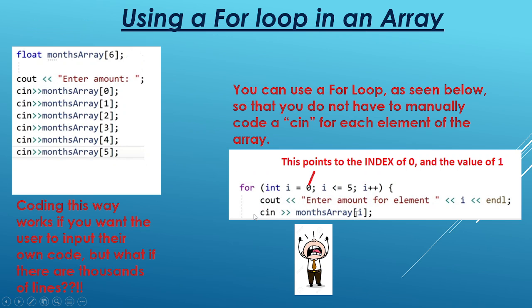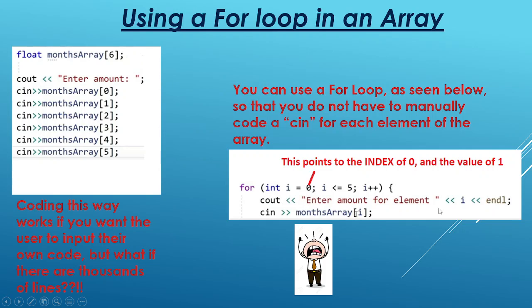So let's take a look at what comes next. Okay, now this is just as bad as we were in the beginning, right? That's a lot of coding to do. So this can be put into a for loop, which will, this will become this. So basically, what happens here, when i is less than 6, we're going to start out with i equals 0, and this is pointing to the index of 0.